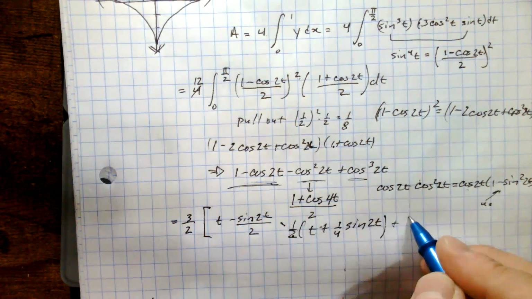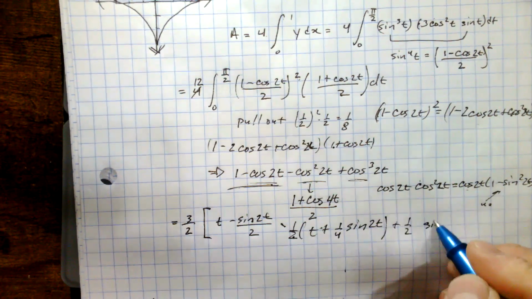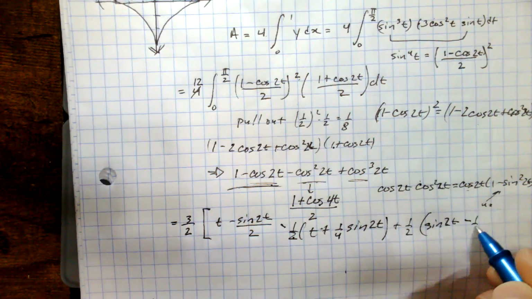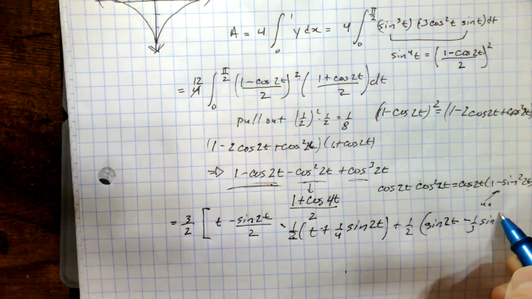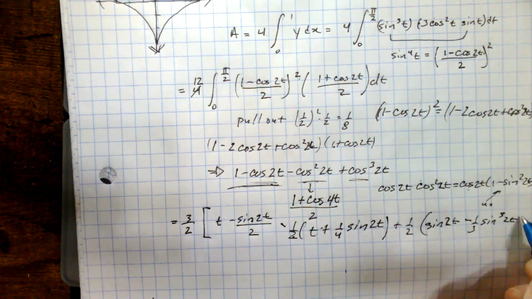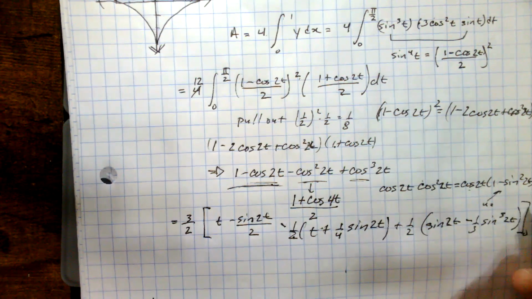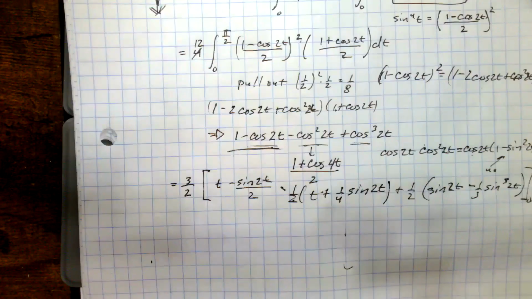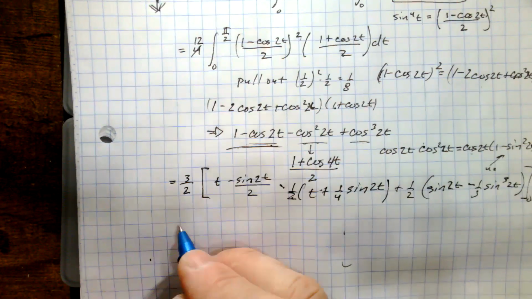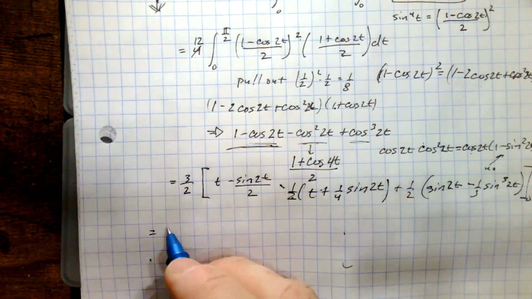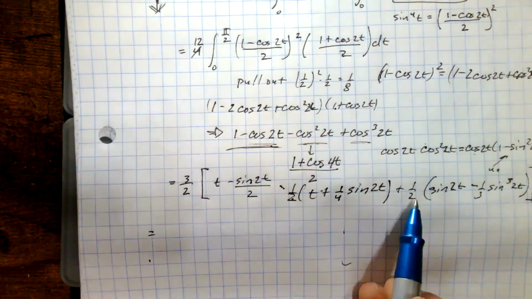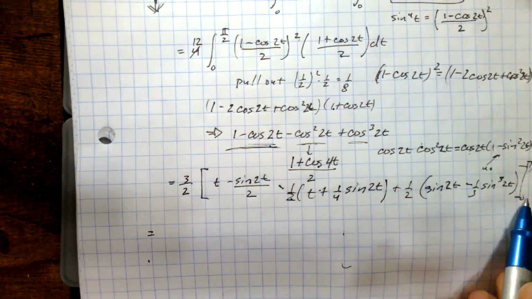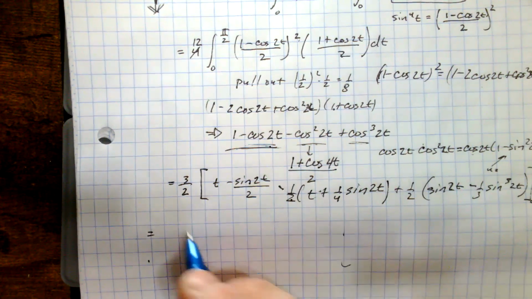Plus 1/2 sine of 2t minus 1/3 sine cubed of 2t. And all those go from 0 to pi over 2. So we'll do the upper minus the lower. All of these are sines of zeros, so the lower term is not going to need to be evaluated. I just need to plug in the top term and see what we get out of it.